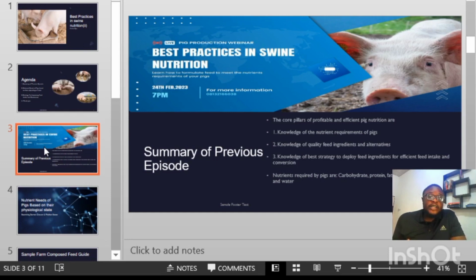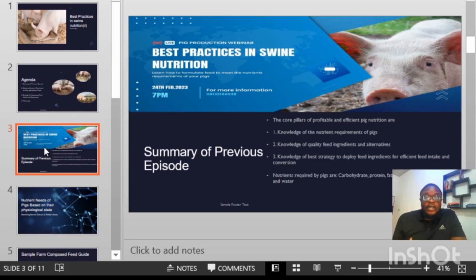You should be able to identify quality feed ingredients as well as their alternatives that you can actually use in combination with these materials. And then lastly, you should also know the best strategy to deploy feed ingredients for efficient feed intake and conversion. So essentially, if you are able to understand these three vital points, then you should be able to get the best solution in terms of an efficient and cost-wise pig nutrition system.